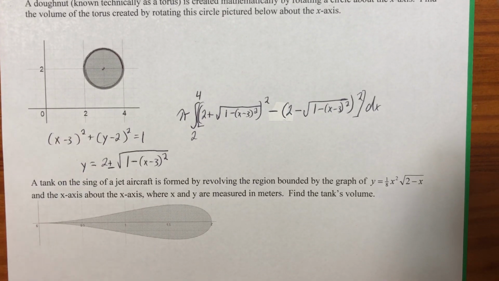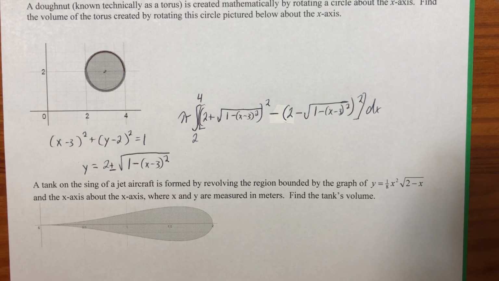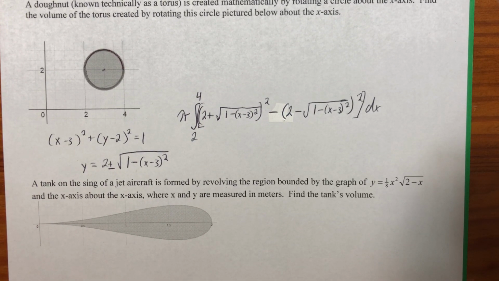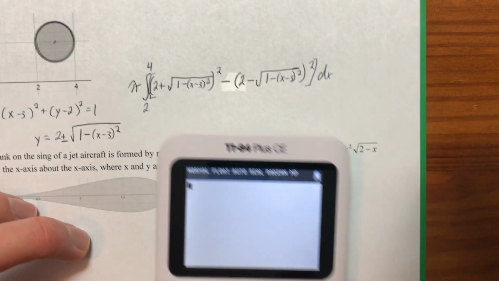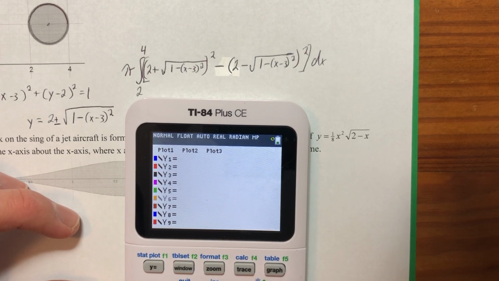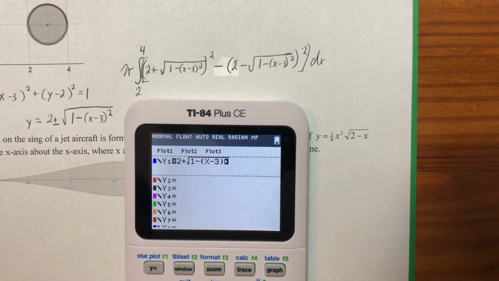And in a situation like this, there is so much room for error in typing this in that I find it easier to type them in as y1 and y2 and go from there. And we could have been doing that all along, but it's probably not the most efficient way until you get to a crazy one like this. So I'm going to start typing that. So we're going to have 2 plus the square root of 1 minus x minus 3 squared.